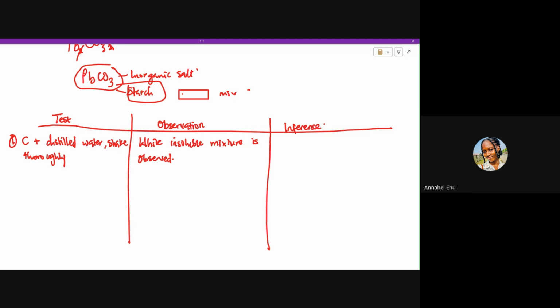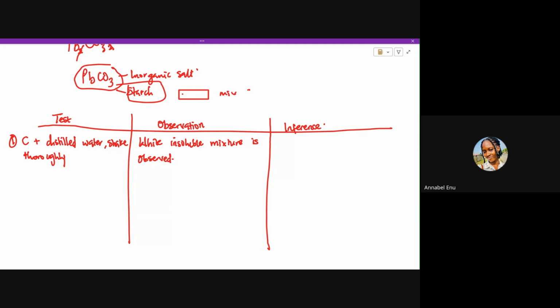When we dissolve this mixture in water and see that a white insoluble mixture is observed, that is like a precipitation process. There is no dissolution whereby the mixture is totally mixed with the water.